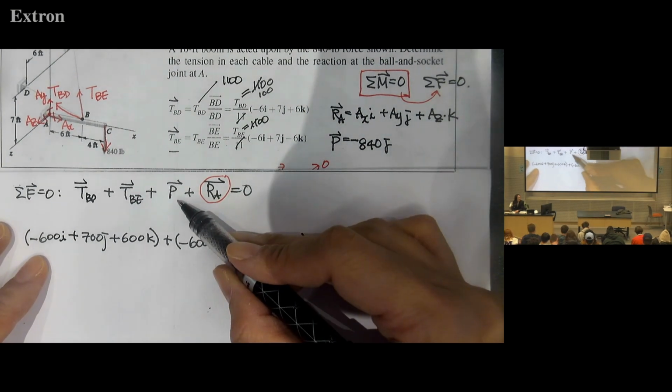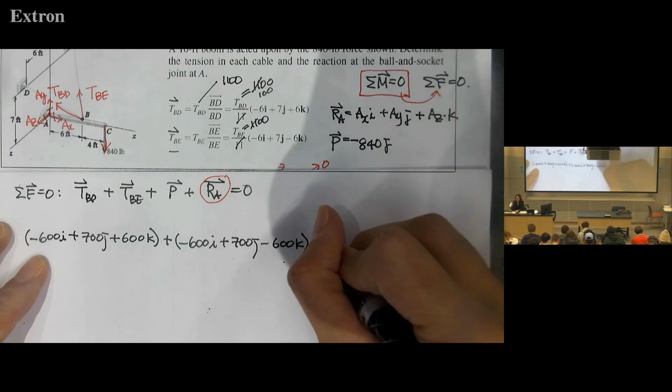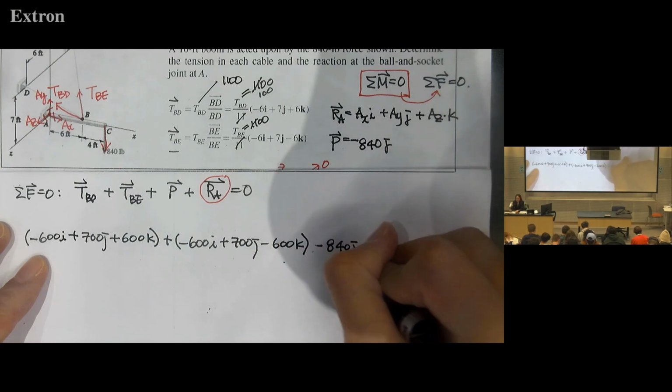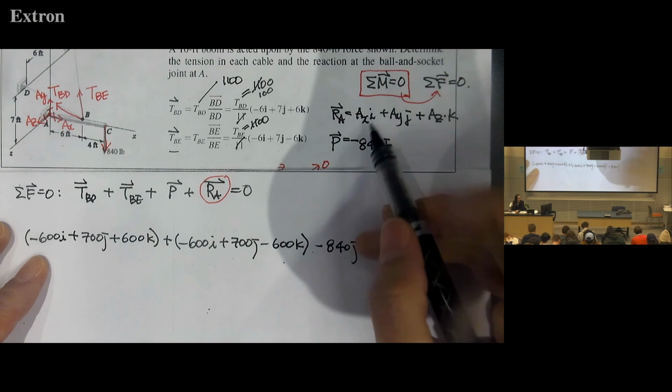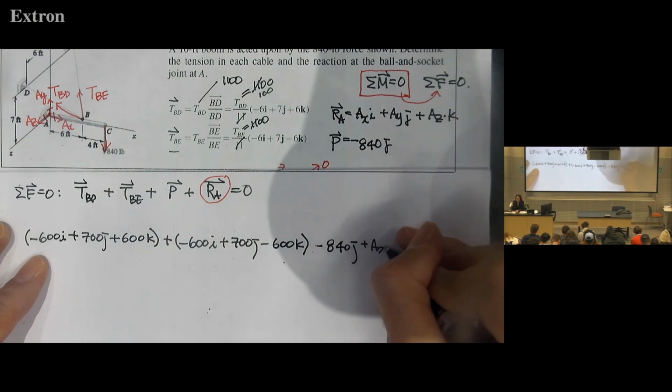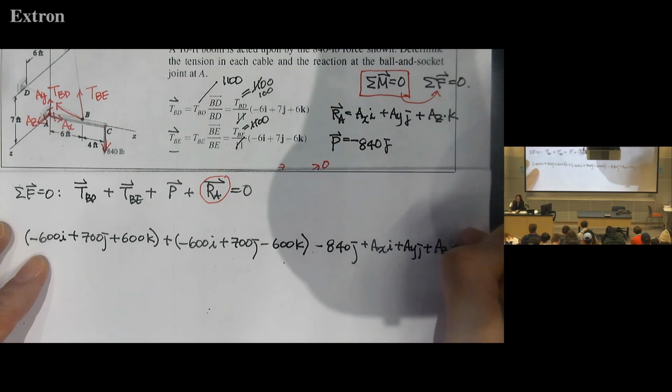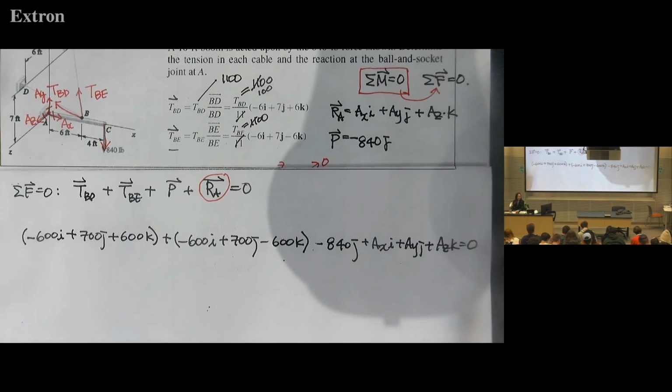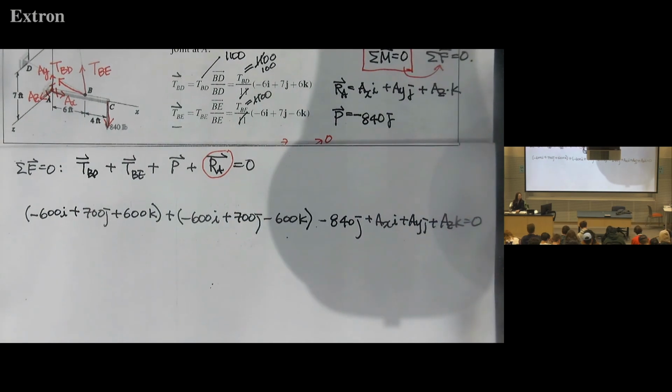And then the force is already given, minus 840j, and adding the unknown RA. So that's AXi, AYj, AZk. So now we all finished midterm 1.